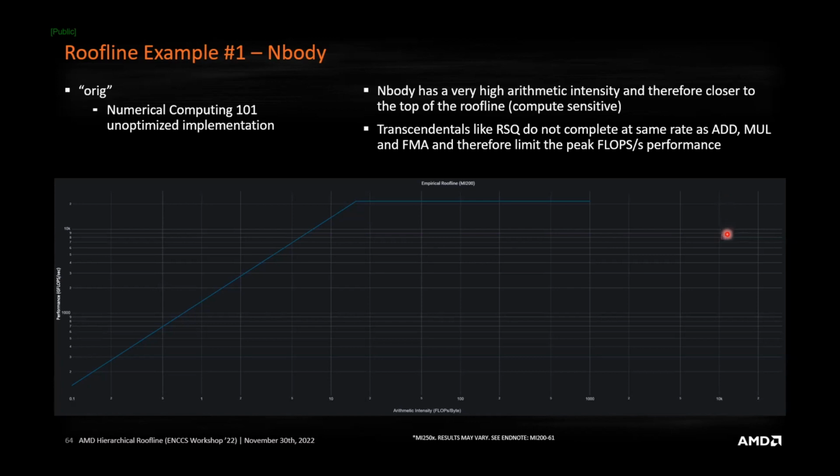We have our inverse square root sitting on our critical path in our order n² portion. And we can see we're getting that sort of pulling down from our achievable flops. So you look at this, you might think, oh, there's performance to be had. I should focus on this kernel and improvement. Well, there's one thing that we can't really improve, and that's the rate of transcendentals on the hardware.